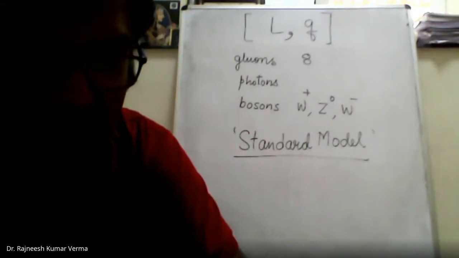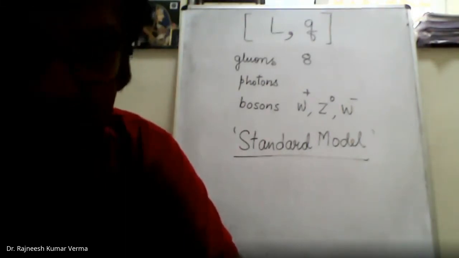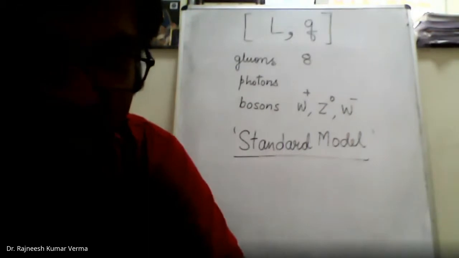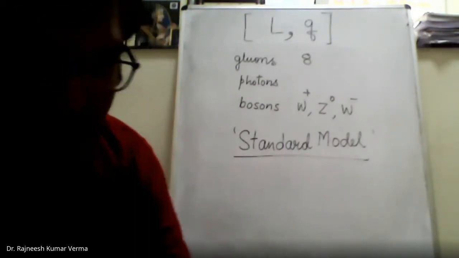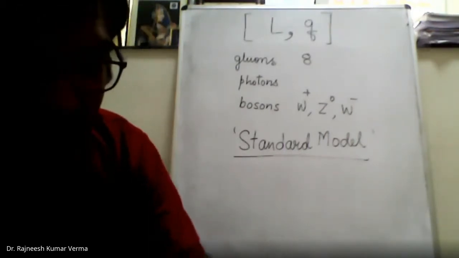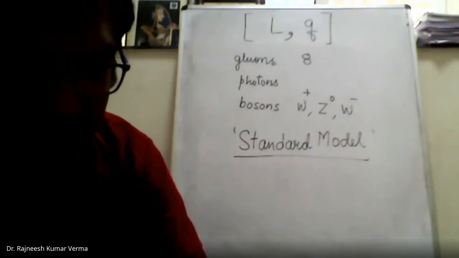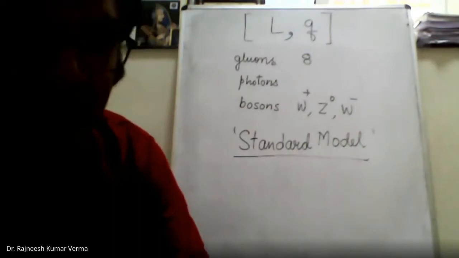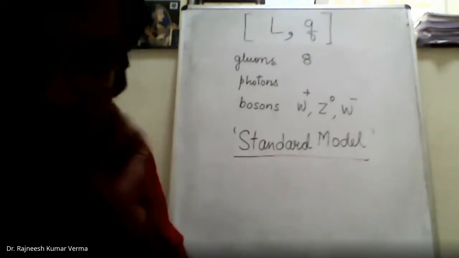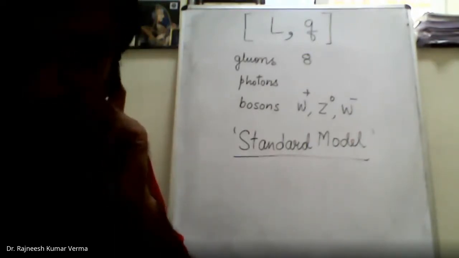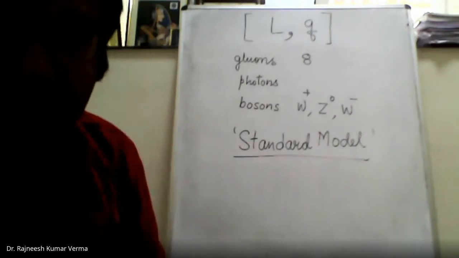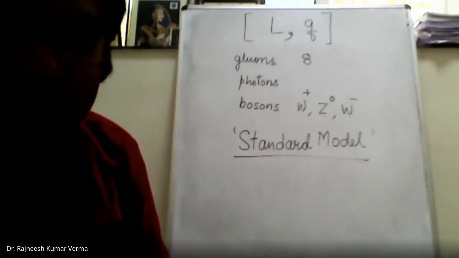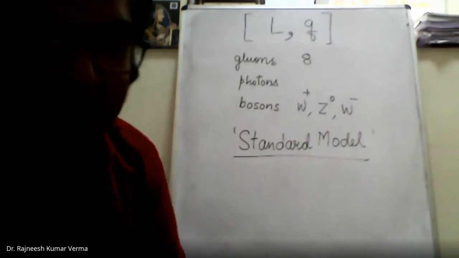There are other attempts to unify the electroweak interaction with the strong interaction, and the theories which tried to unify these interactions are called GUT, Grand Unified Theories.